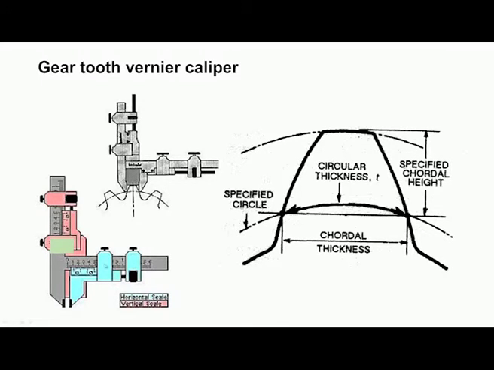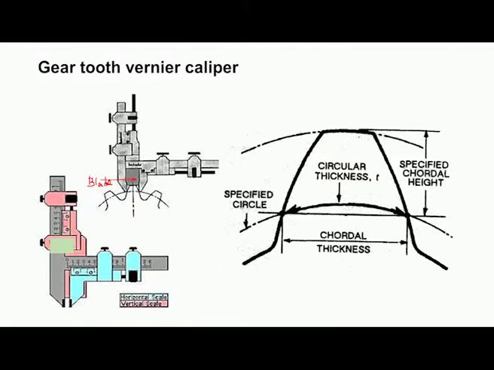We have one set of jaws, and here you can see there is a blade, or sometimes it is called a tongue, which will move up and down. This blade can be moved up and down, and the jaw opening can be adjusted by moving the horizontal part of the vernier caliper.